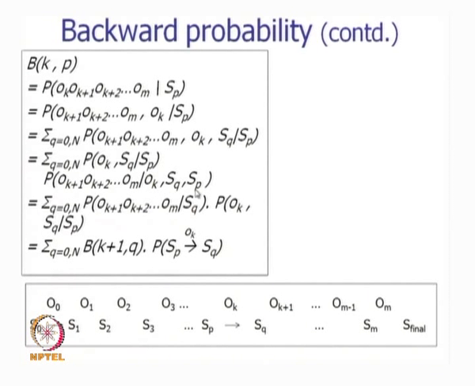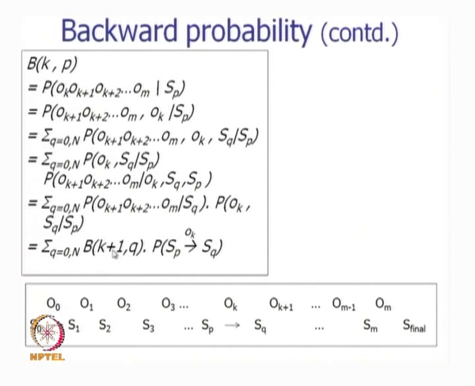So, O k and S p can be dropped, and the term that we have now is P of O k plus 1 to O m given S q, times P of O k, S q given S p. So, this can be written as B k plus 1 comma q times the transition probability from S p to S q with O k as the output symbol. Therefore, like forward probability, we have a backward probability expression recursively computed from shorter segments up to the end of the sequence.